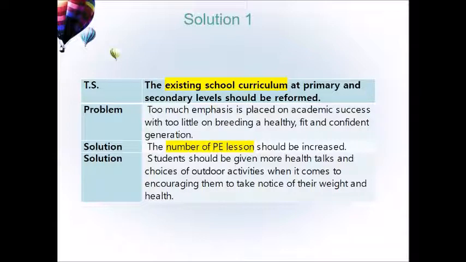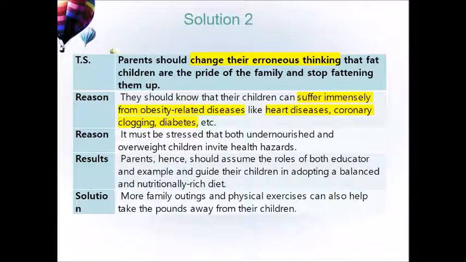Also, they should be given more health talks so that their awareness can be raised. And the second solution is to change their erroneous thinking. For example, you may say that they should have more education, and they should adopt a balanced diet as it's really important to their health.